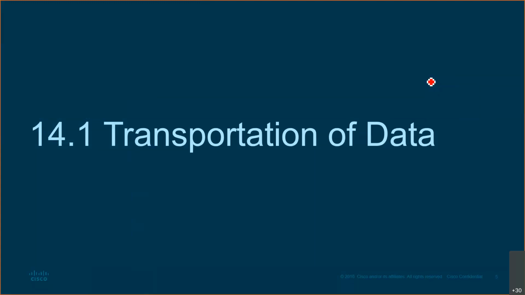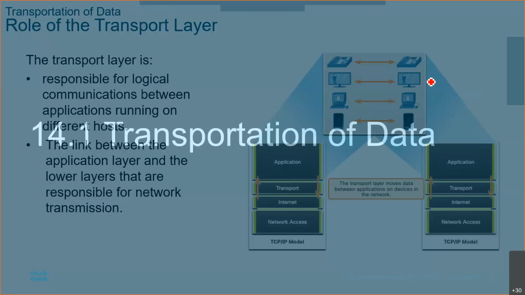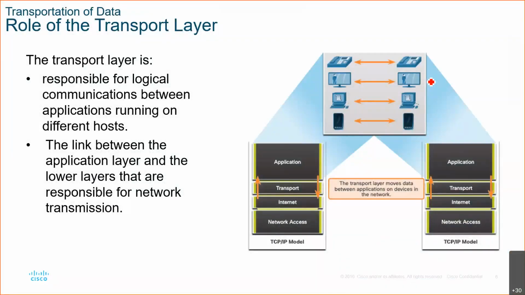So it's really responsible for transporting your data to the application. It's what stands between application and the lower layers. So its main task is communication between the different hosts and being an interface between application and the internet.